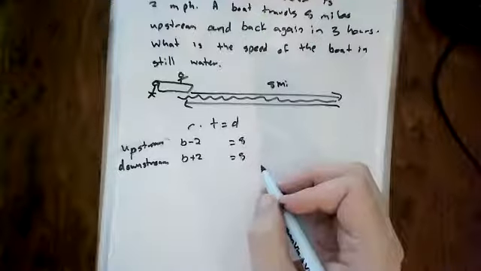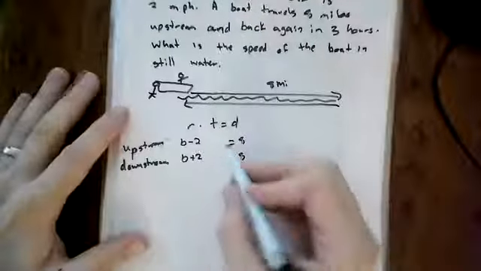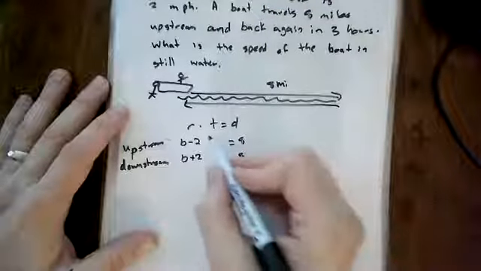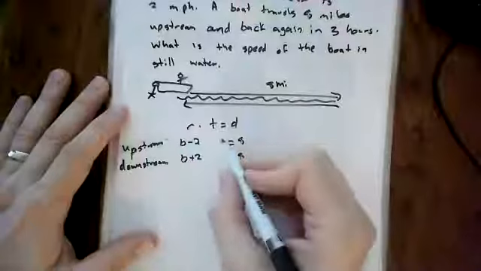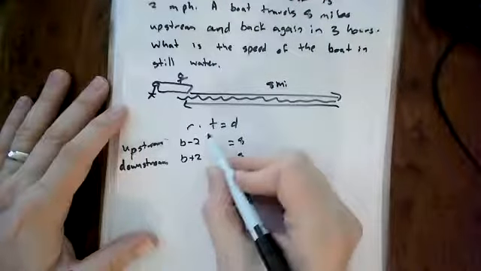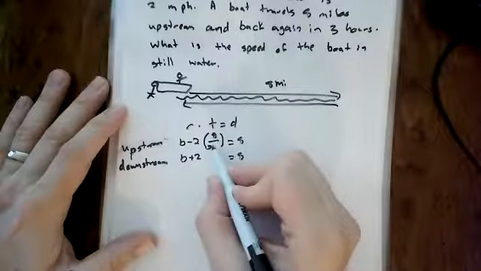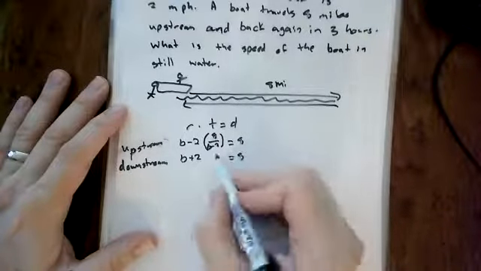Now, with this, we know we can figure out what our time is. And time is going to be our distance divided by the rate. So this is going to be 8 over b minus 2.